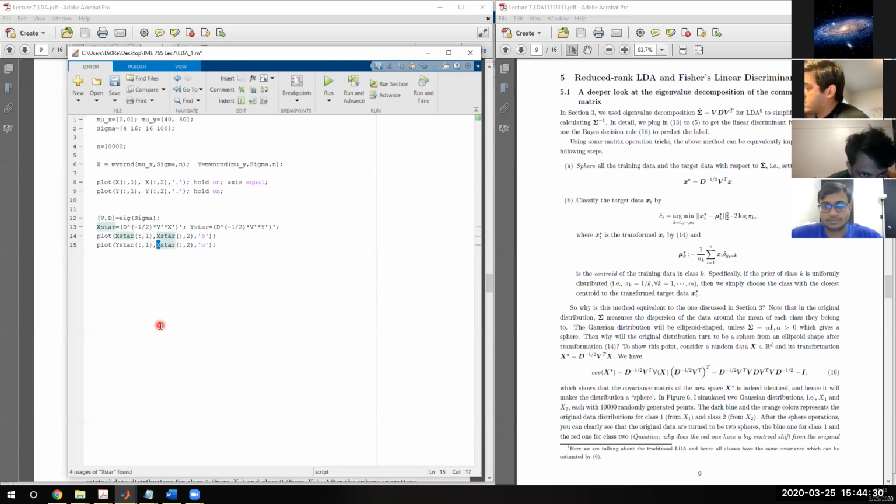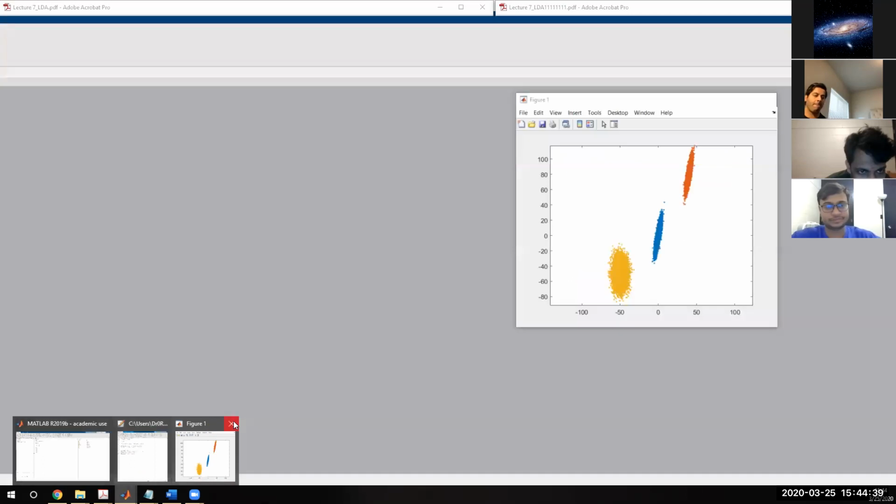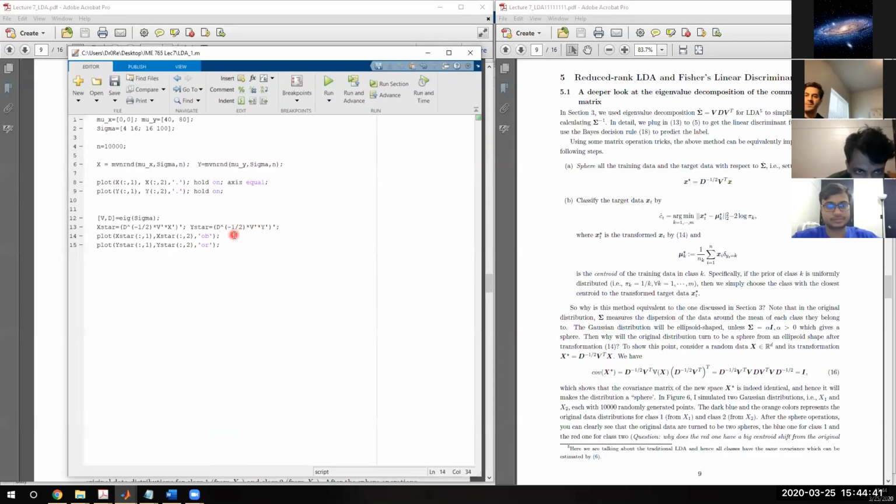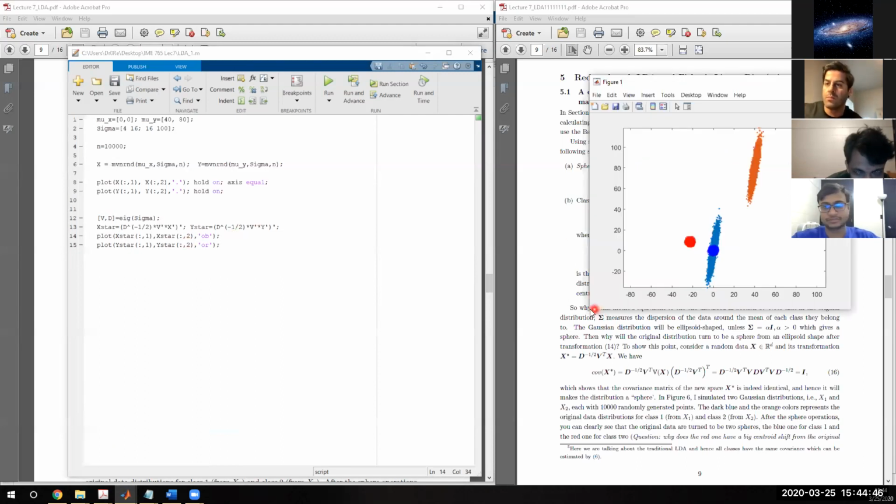Let me make it a bit more beautiful. For example, give a blue color to the X class, give a red color to the Y class, and I assume I will see something similar. Yes, I got it. See it? Interesting?